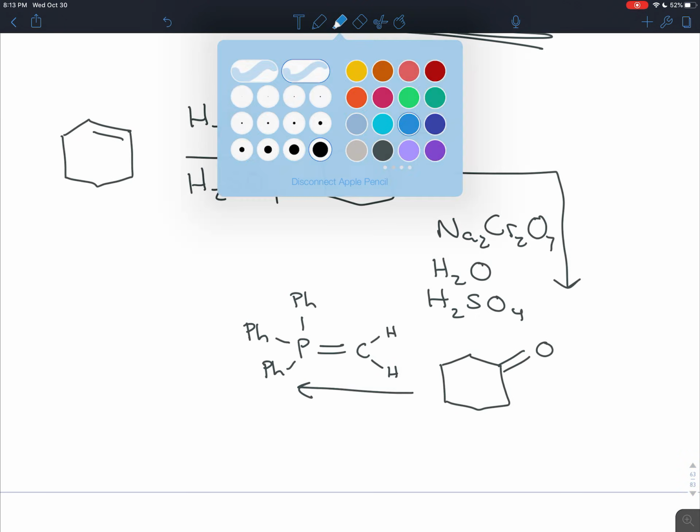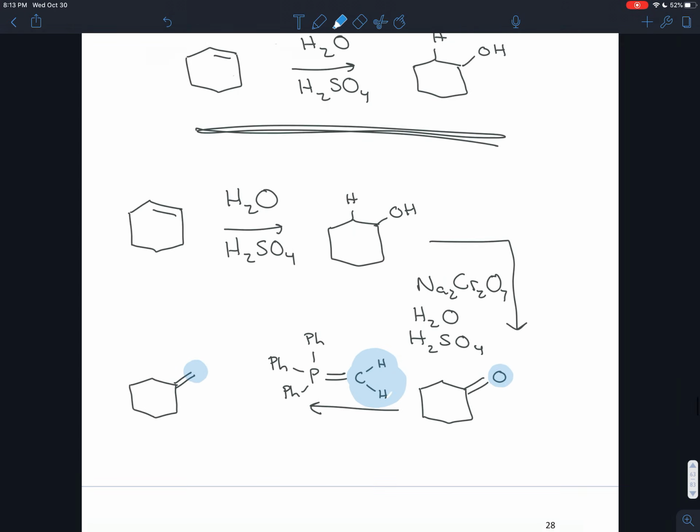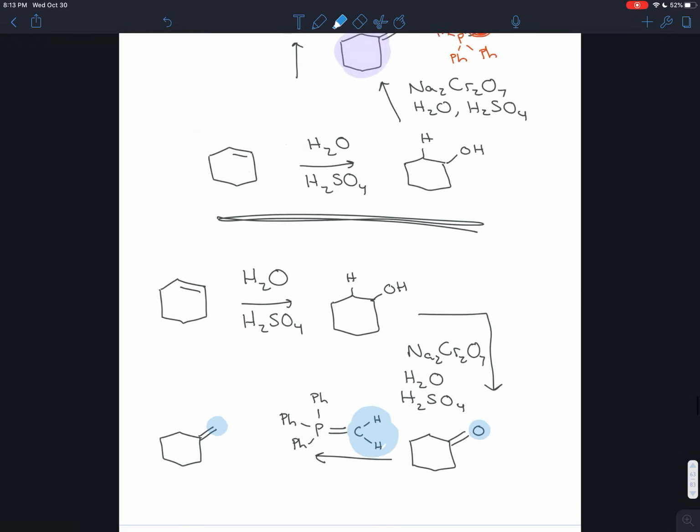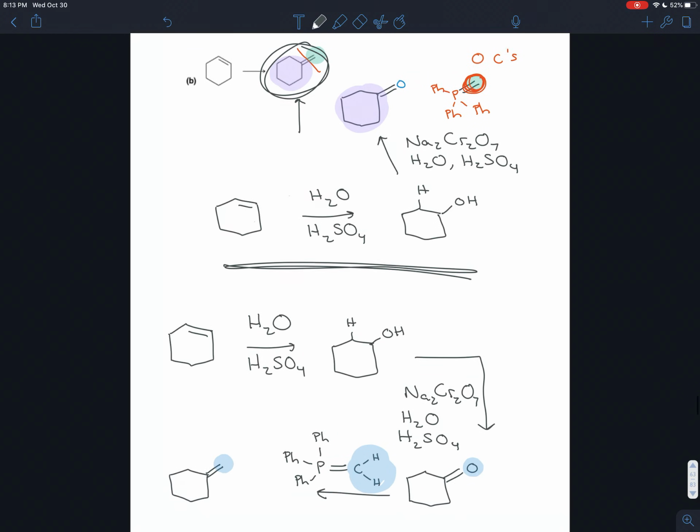The half of your Wittig reagent that has the carbon on it will end up replacing the oxygen. So you get that. Notice this on the end is a CH2. And so that three-step synthesis gets the job done. You end up going from cyclohexene to this six-membered ring with an alkene coming off of it.